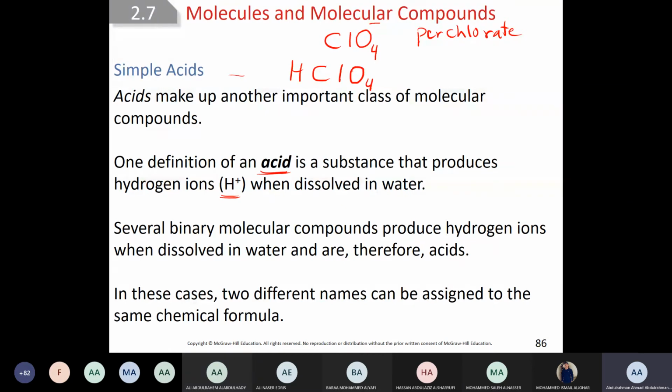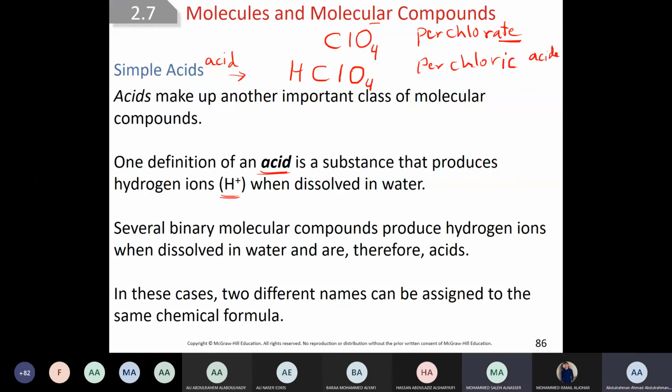That's why this is the compound. Now, this becomes what? Acid. How to name this acid? You keep the same name. Instead of ate, you put ic. Acid.